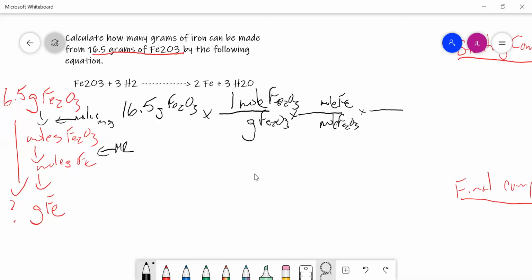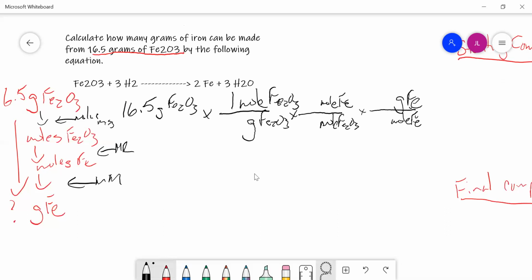And then the final step, now we've got moles of Fe, we want to use molar mass again to get to grams. Grams of Fe on the top.